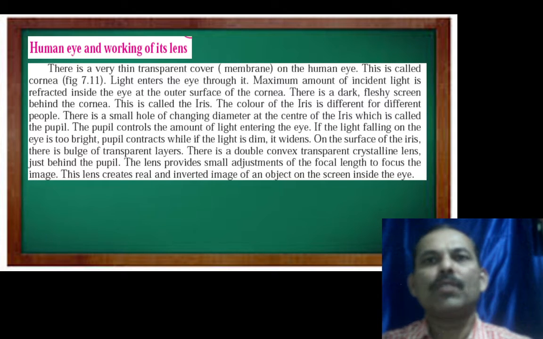Behind the iris, there is a bulb of transparent layers. This is a double convex transparent crystalline lens just behind the pupil. The lens provides small adjustment of the focal length to focus the image. This lens creates a real and inverted image of an object on the screen inside the eye.